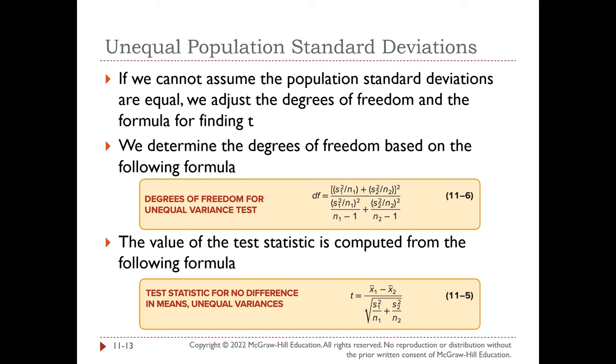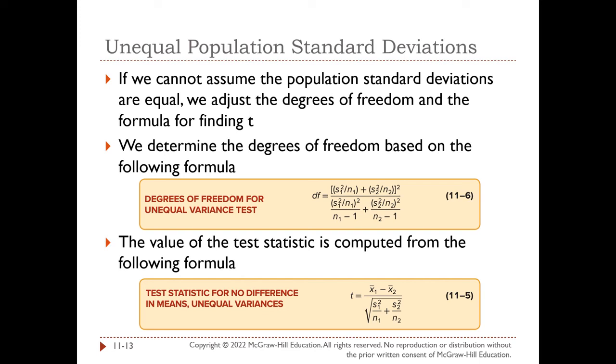We're going to determine the degrees of freedom based on the following formula, which is the degrees of freedom will equal the standard deviation squared of 1 divided by the sample size plus the sample standard deviation of 2 squared, which is the second sample divided by, of course, its sample size, all squared, divided by the sample standard deviation of the first sample squared divided by its size, squared, divided by its size minus 1 plus the same thing for sample 2.